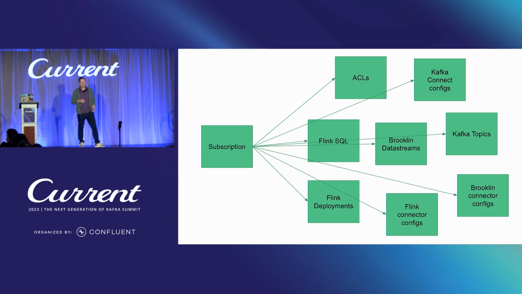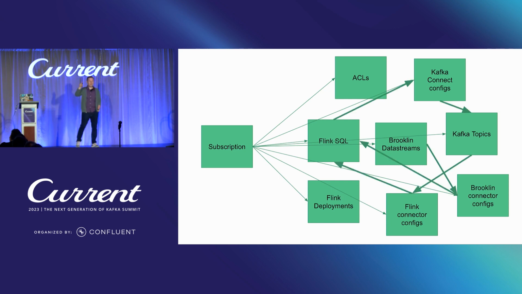So the idea here is we'd like to be able to take a subscription and turn it into all of these resources, all these configurations, all this YAML that implements a pipeline. And they should all be wired up together, so that this Flink job knows how to talk to this Kafka topic and so on.